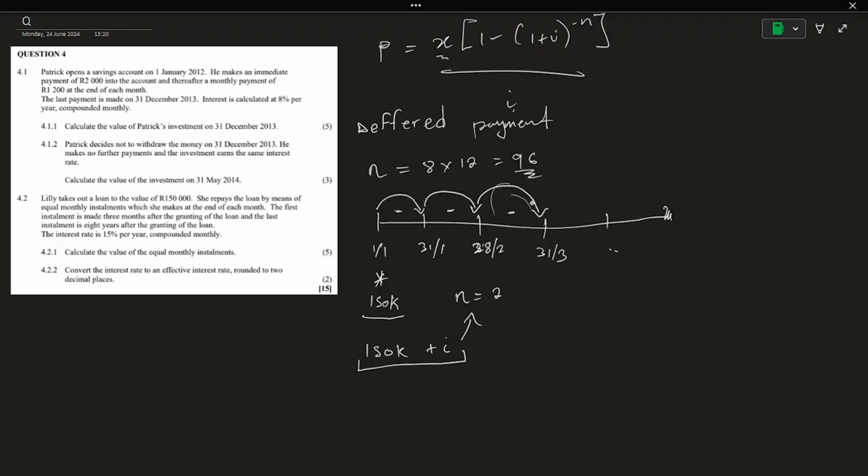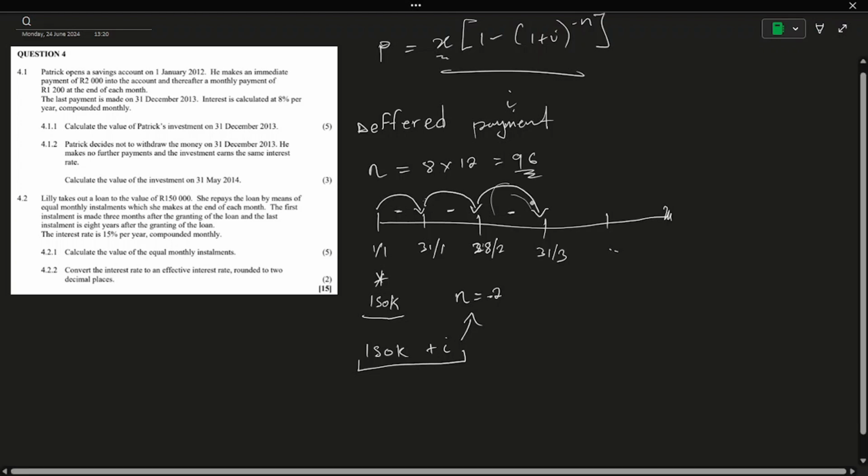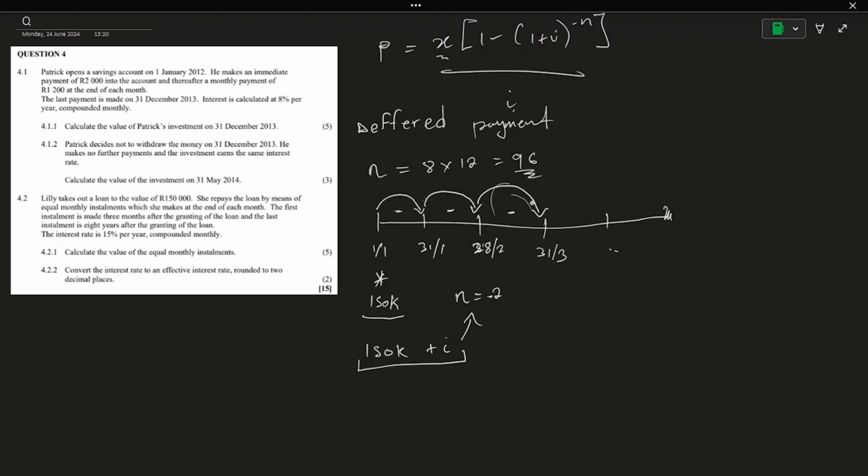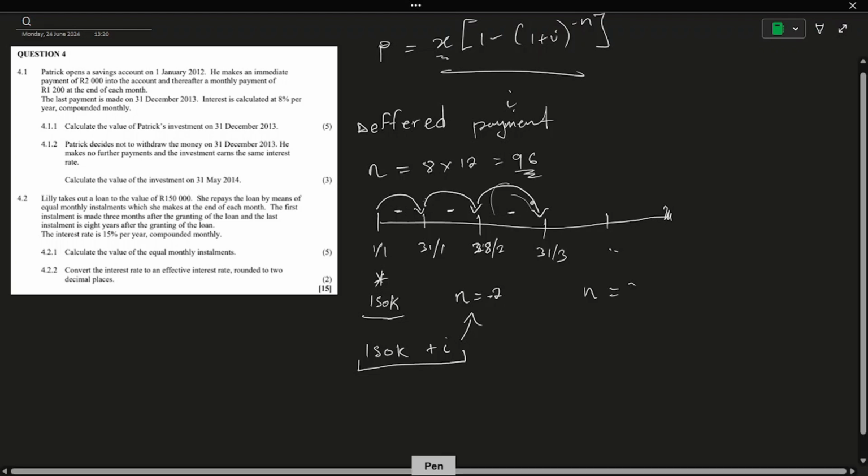So we need to show in our formula that this person is going to pay 150k plus the interest for 2 months. So the payments that this person is going to pay, let's call this N-2. Remember our theoretical N was 96, but now we saw that this person is not going to make 96 payments. This person is going to make 96 payments minus 2 payments that were deferred.